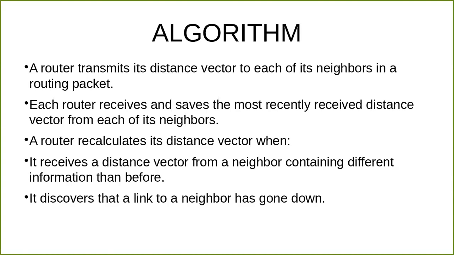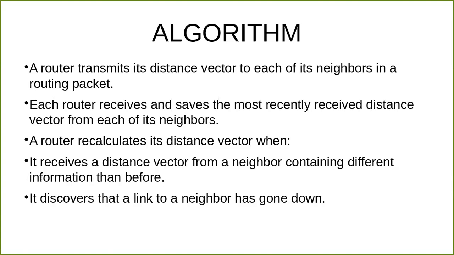Every router transmits its distance vector to all the immediate neighbors. Each router receives this distance information from the neighbor and checks whether it is able to find a better route from its advertising neighbor. Only if it is able to find a better route advertised from the neighbor will the router recalculate the distance vector.